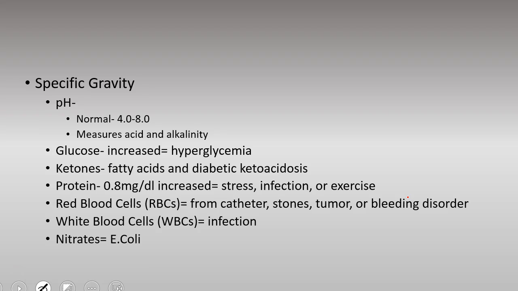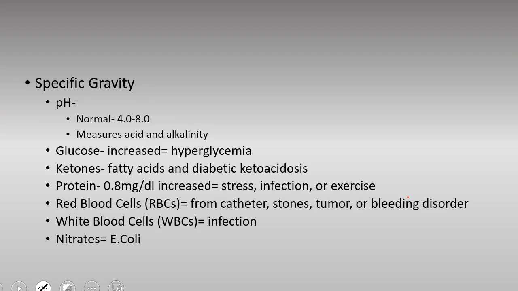So that may be a reason why red blood cells are being passed. It could be a tumor, or maybe they're having a bleeding disorder. I've had people who are on Coumadin whose INRs are 6 because they've been taking too much for so long. They may start to bleed, not excessively, but just enough that it's causing the red blood cells to pass through the urine.